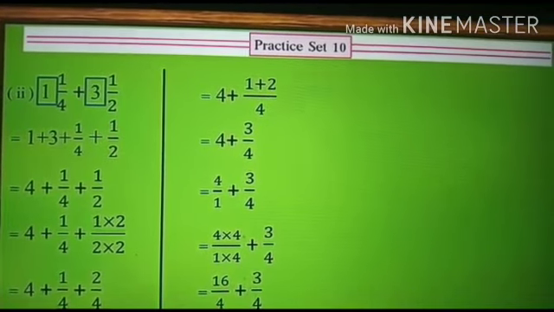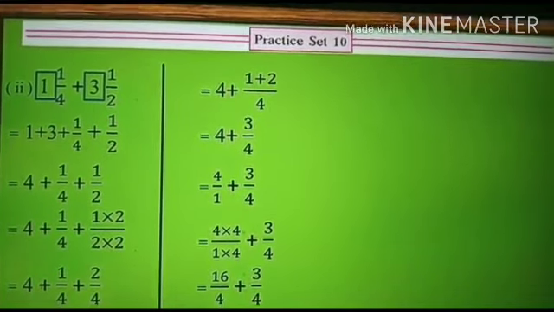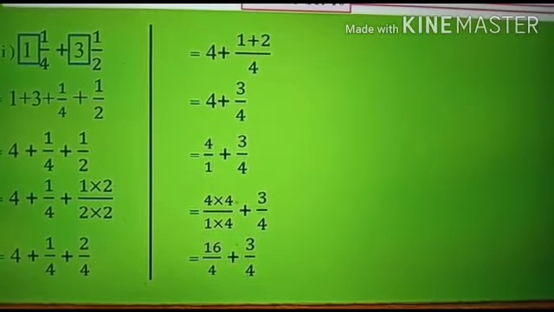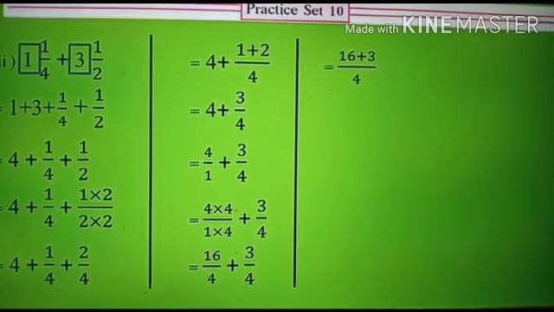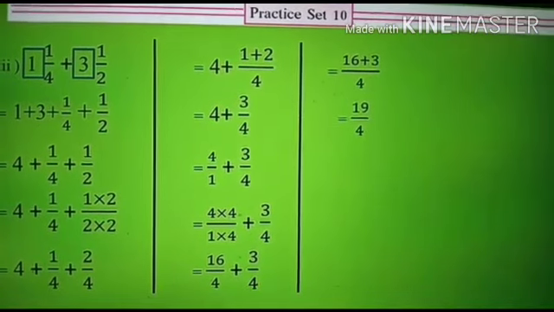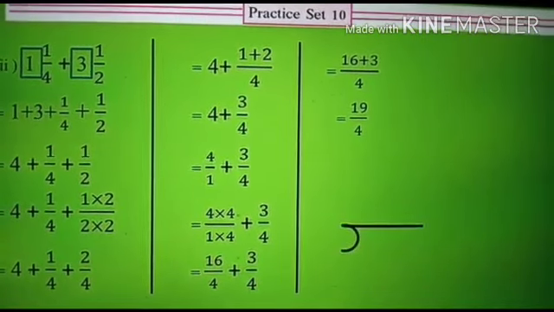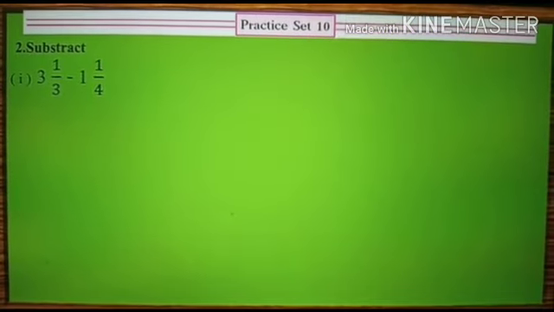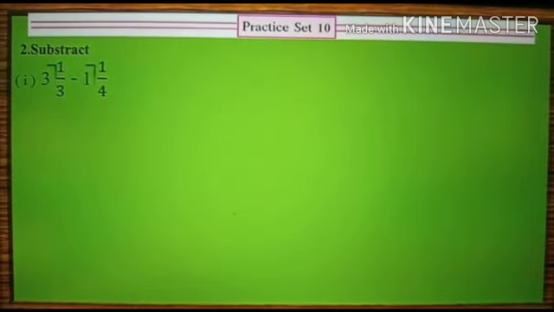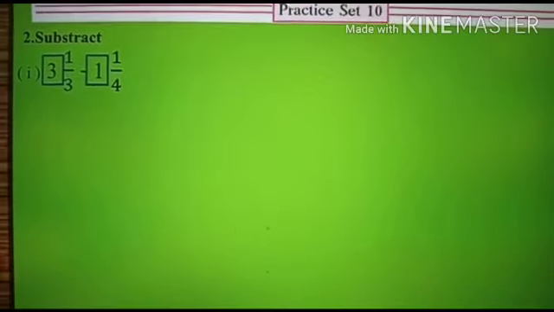Next step, 16 upon 4 plus 3 upon 4. Denominators are same, so we write it as it is, 4. And 16 plus 3 is 19. 19 upon 4.